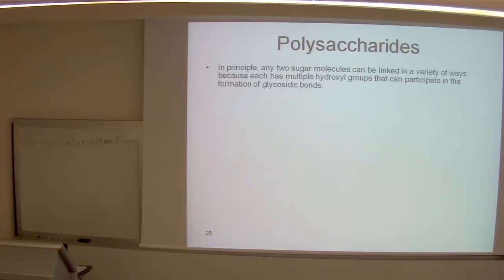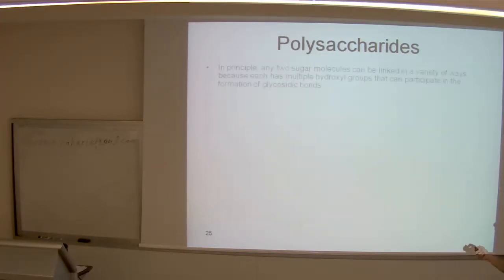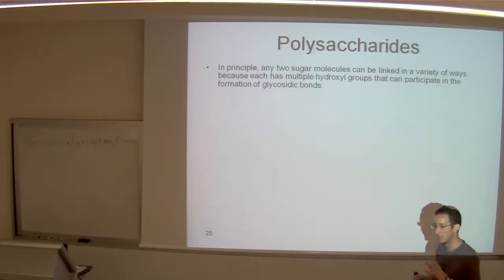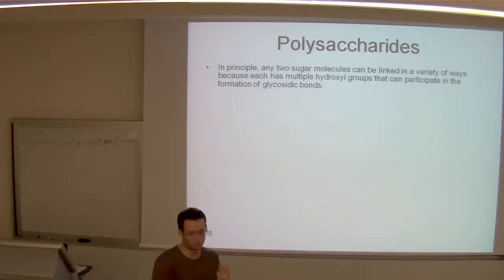Now, because the link between monosaccharides is through the hydroxyl, you can have, in principle, several ways in which two monosaccharides can be linked together to form a polysaccharide. Not only that, but you can also have more than one monosaccharide being linked to another monosaccharide.